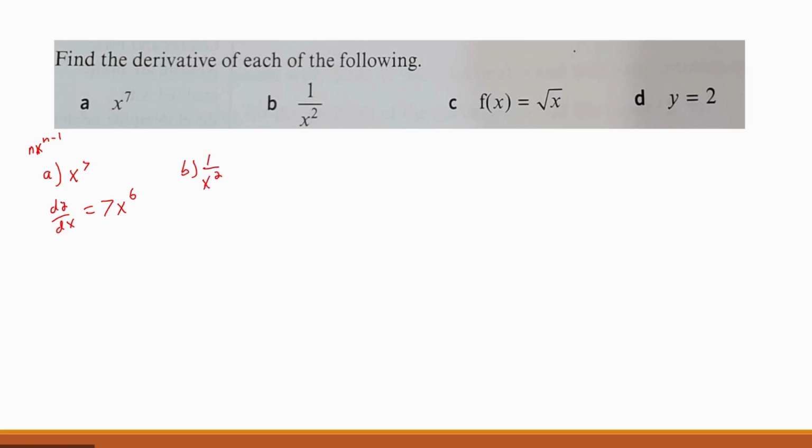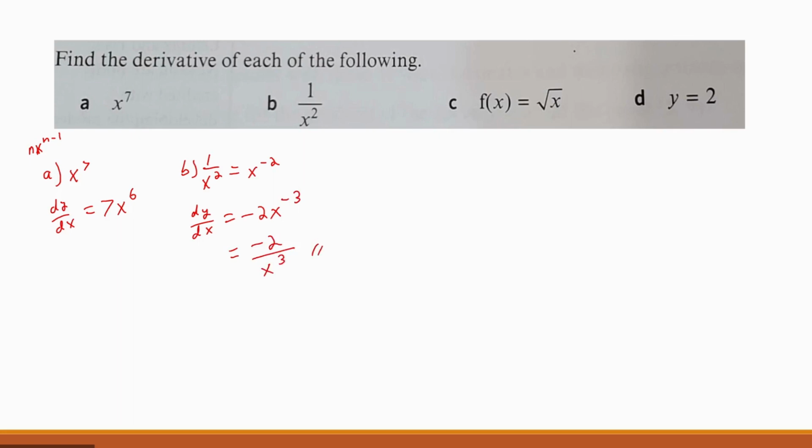You can rewrite this as x raised to the power of minus 2. Now we differentiate this. dy over dx is equal to minus 2x, and as you can see, minus 2 minus 1 gives me minus 3. You can rewrite this further as minus 2 over x cubed.